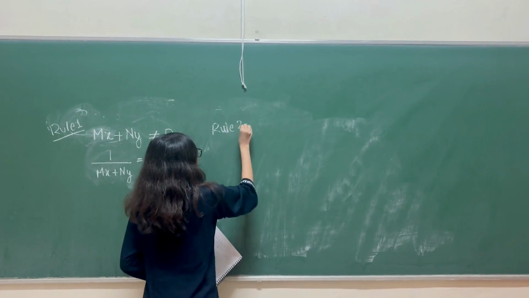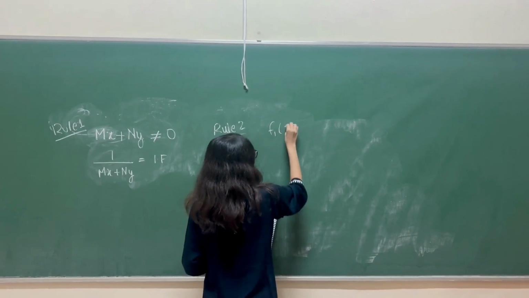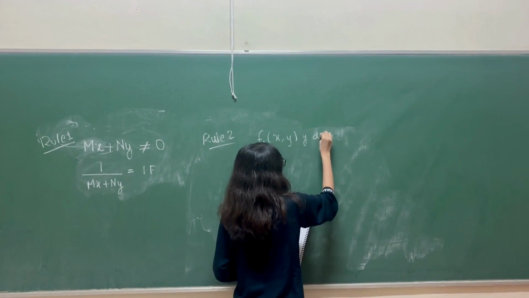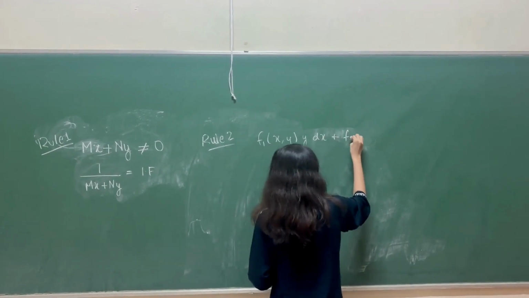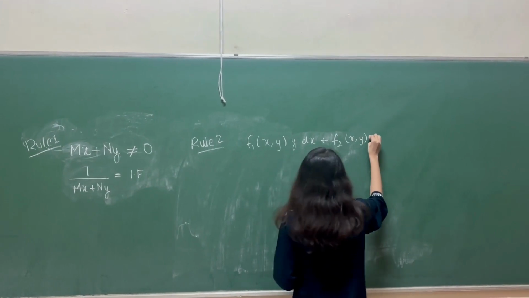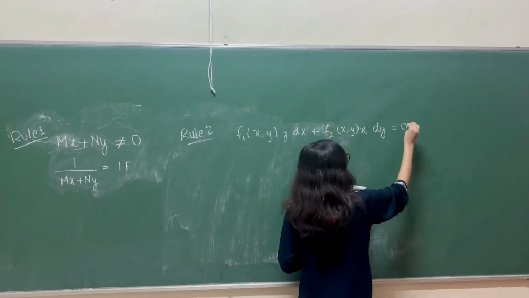Okay, so now coming to rule 2. Rule 2 is basically when you have an equation of the form f1, which is a function of x and y, into y dx, plus another function of x and y into x dy is equal to 0.